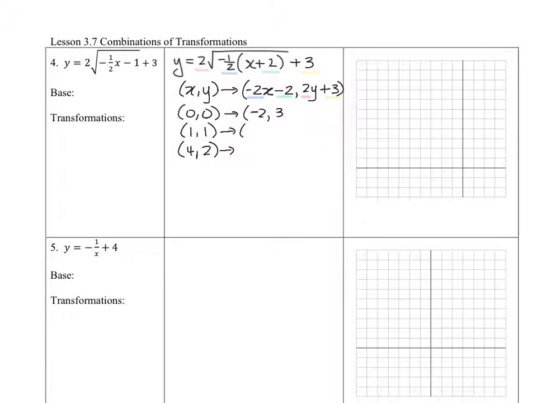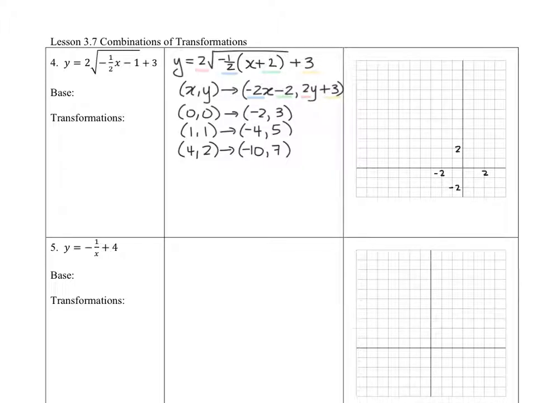So negative 2, 3. Negative 2 minus 2 will be negative 4. 2 times 1 plus 3 will be 5. Then negative 2 times 4 is negative 8 minus 2, negative 10. And then 4 plus 3, 7. So those are the 3 points that we're going to have to show on our grid for the graph.